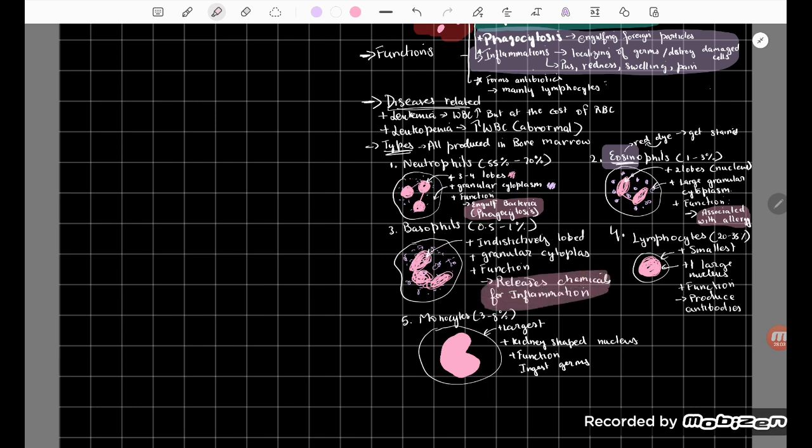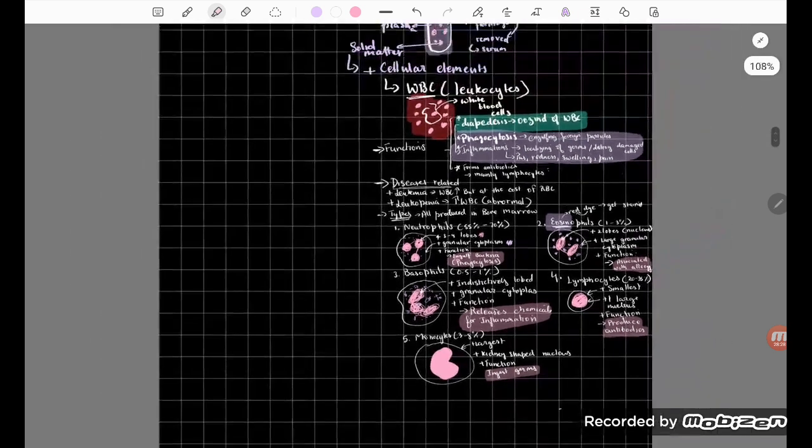Lymphocytes, 20 to 35%, are second most after neutrophils, smallest, with one large nucleus, and produce antibodies. Monocytes are the largest, with a kidney shaped nucleus, and ingest germs.